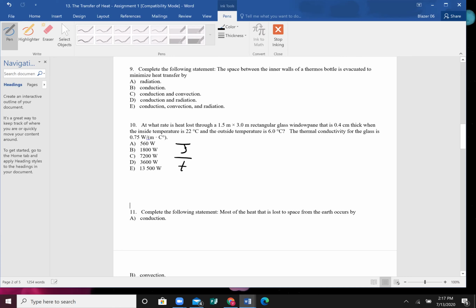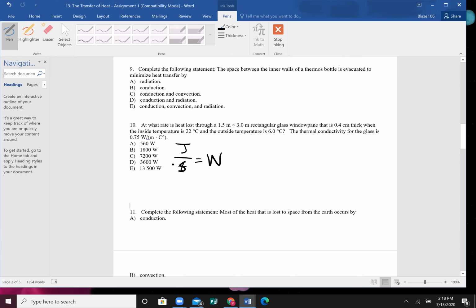So a joule per unit time, of course, is a watt. A joule per second. I said per time. Let me take that out. I'm trying to say joule per second. That's a watt. Okay, so that's why we have these units here in watts.